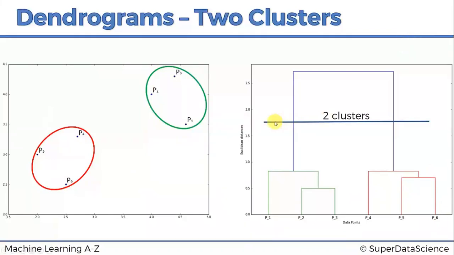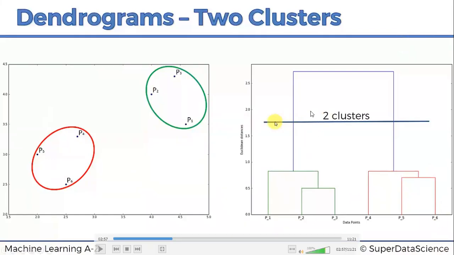So remember one thing. Based on the maximum dissimilarity line, if you observe all these lines, here we have maximum distance, and for this line, here we have maximum distance. For this maximum distance, we are drawing one line. This line is called the threshold line.